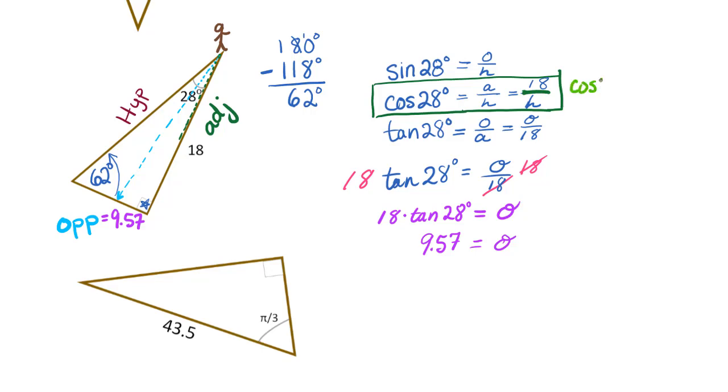Cosine of 28 degrees equals 18 divided by the hypotenuse. We want to clear the fraction, so we'll multiply both sides of the equation by the hypotenuse. So I have hypotenuse times the cosine of 28 degrees equals 18. Now remember, I want to solve for h, the hypotenuse's length, so I'm going to divide both sides by cosine of 28 degrees.